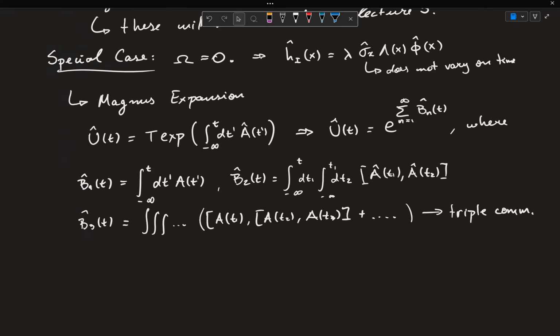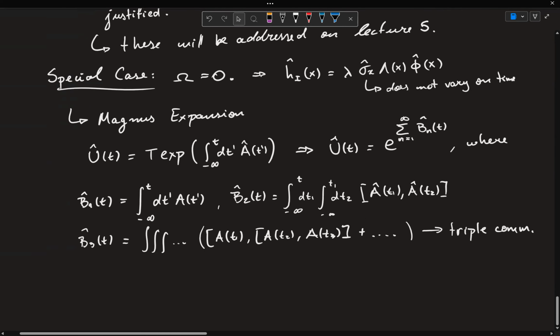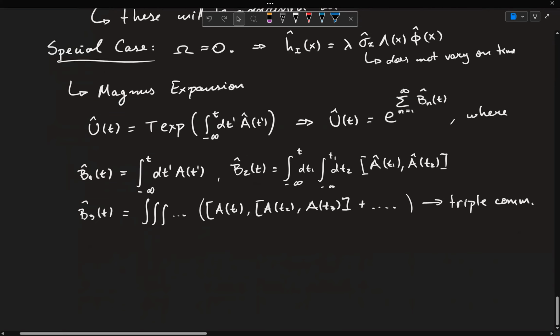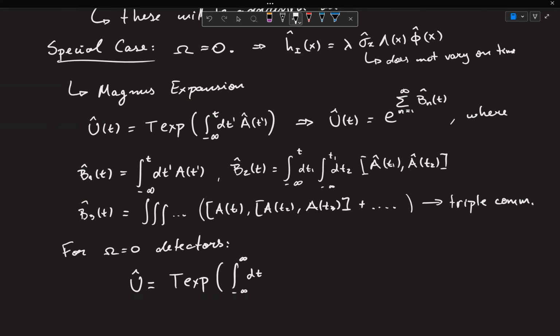Especially in this case, because these triple commutators are all going to vanish when you consider gapless detectors. So for omega equals 0 detectors, so gapless detectors, the U that we want to compute is basically the time-ordered exponential of the integral from minus infinity to infinity dt of our H_I of tau.